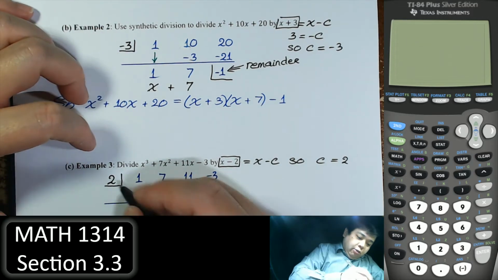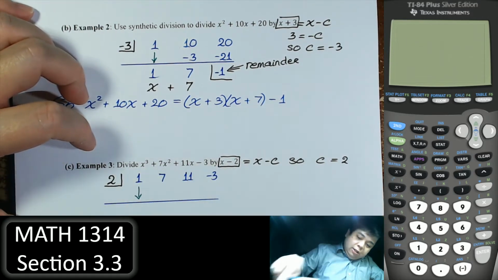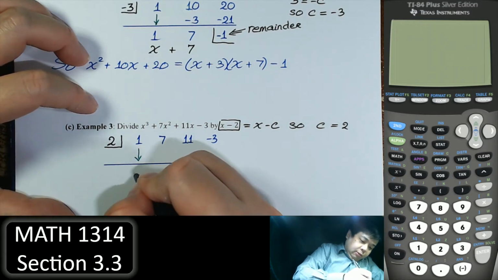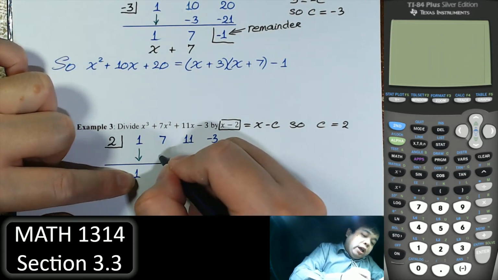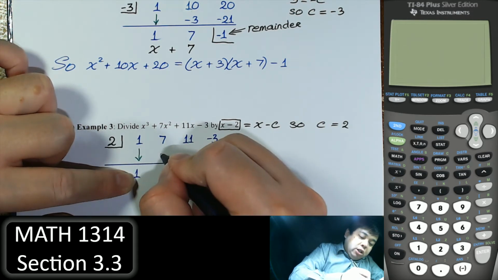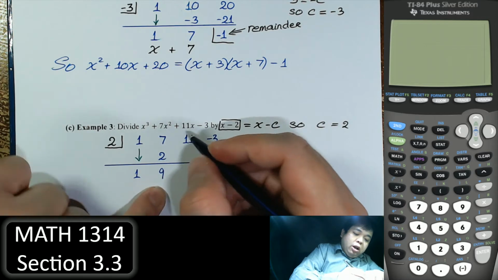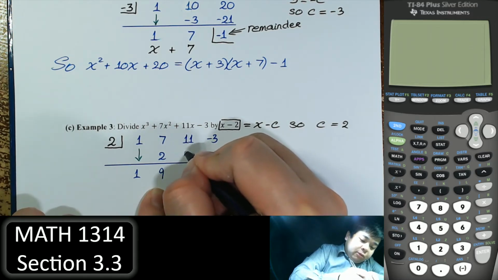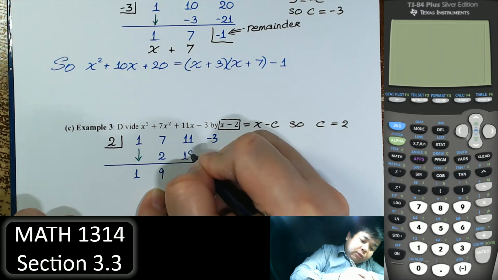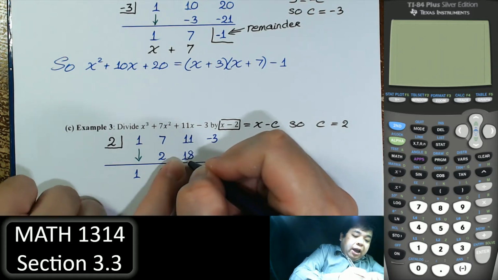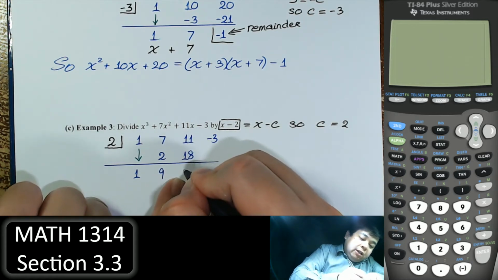Right, so write the first number, multiply, put in the next column, 2 times 1 is 2, and then add. Multiply, put in the next column and add.